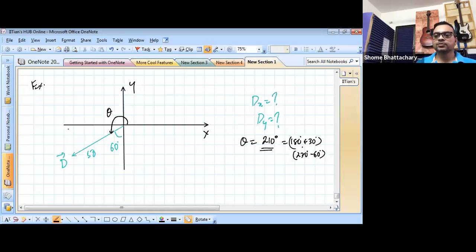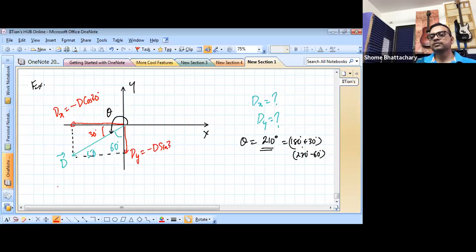So you'll see that when you drop this perpendicular here, D's x component becomes a negative quantity. D's x component is negative of D cos, because this angle is 30, and D's y component is also negative of D sin.